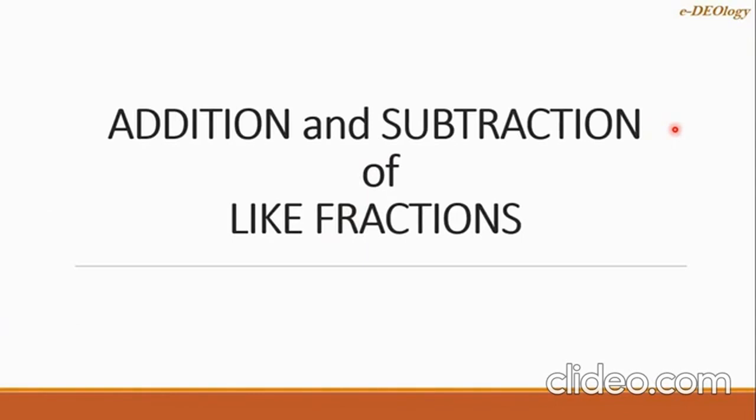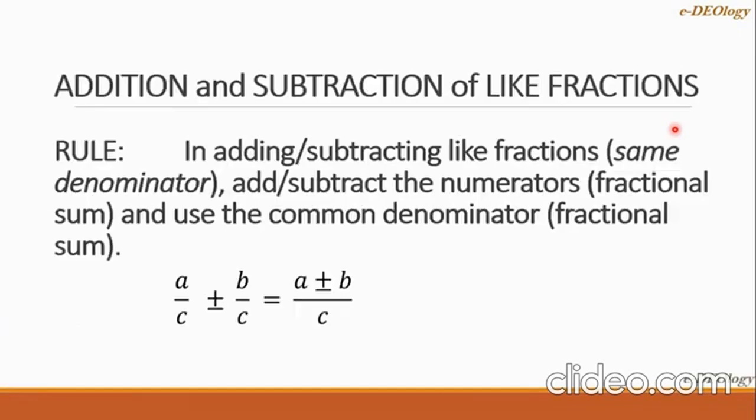Hi everyone. Today we will study addition and subtraction of like fractions. As a rule, in adding or subtracting like fractions, meaning these are fractions of same denominator, we add or subtract the numerators and use the common denominator.